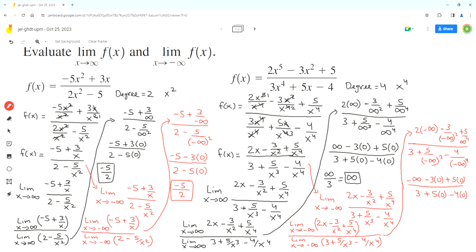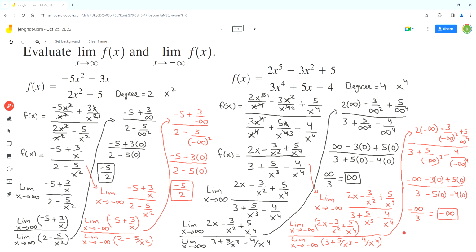So negative infinity cubed is negative infinity. So actually this will become minus 5 times 0. So now in the numerator we are left with negative infinity, and in the denominator we are left with positive 3, which can be reduced to just negative infinity. So this should be the final answer for x approaches negative infinity.